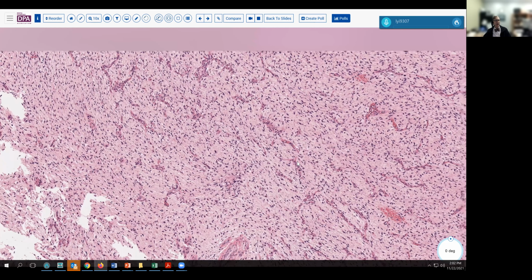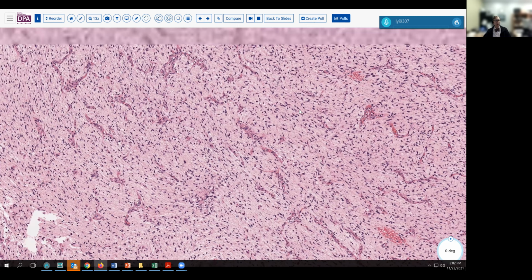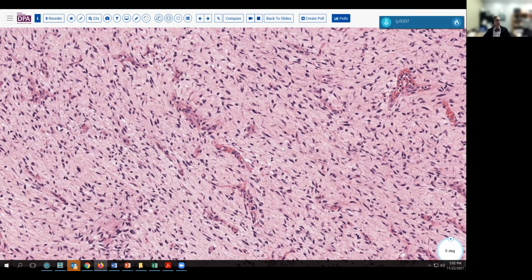So I present this case as an opportunity to reflect and recognize that atypical lipomatous tumor, well-differentiated liposarcoma, can follow a dedifferentiation pathway that is relatively low grade, at least in terms of morphology. Not a lot is known about their recurrence risk, but it seems to be lower.